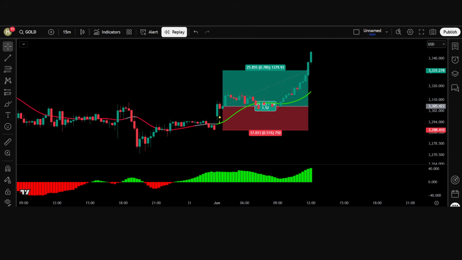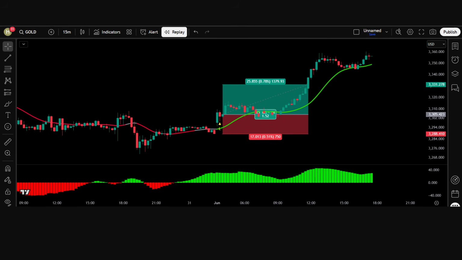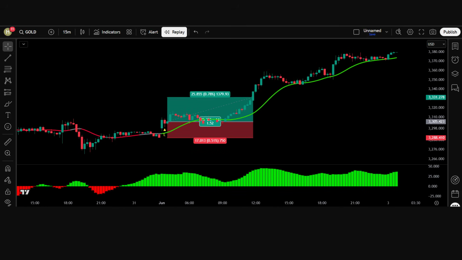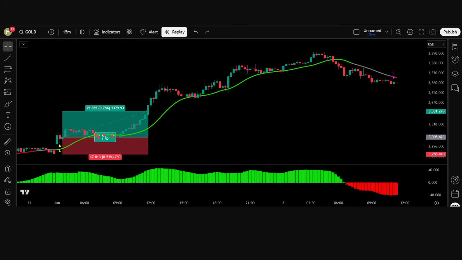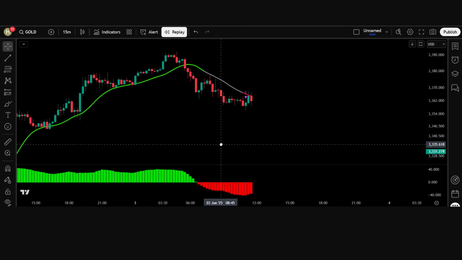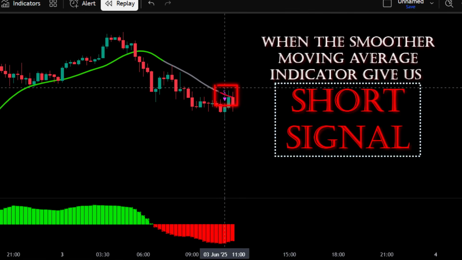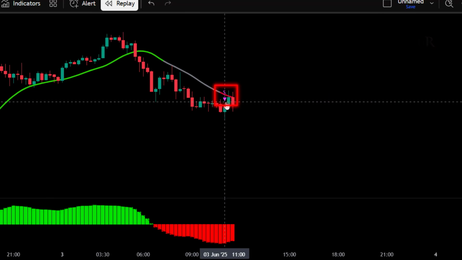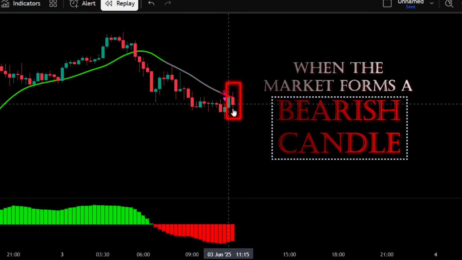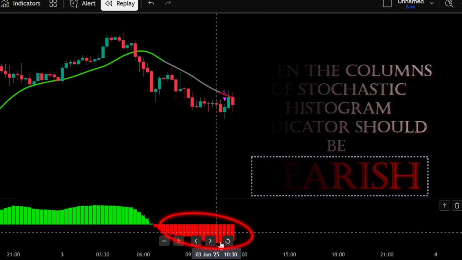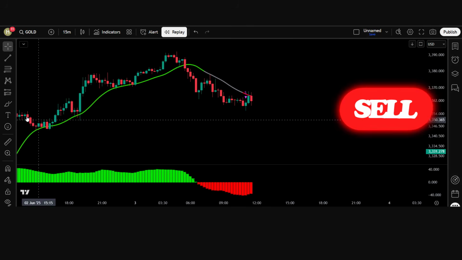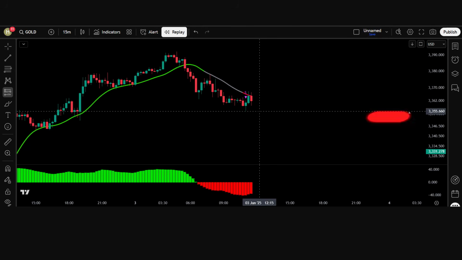Now let us understand the short position. When the Smoother Moving Average Indicator gives us a short signal, when the market has formed a bearish candle, and when the columns of the stochastic histogram indicator are bearish, if these conditions are fulfilled, then we will place a sell order.